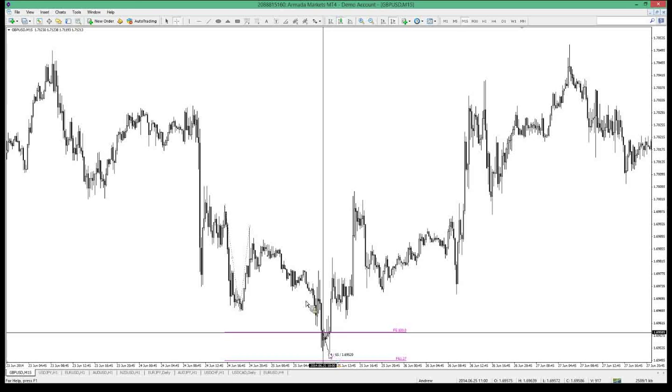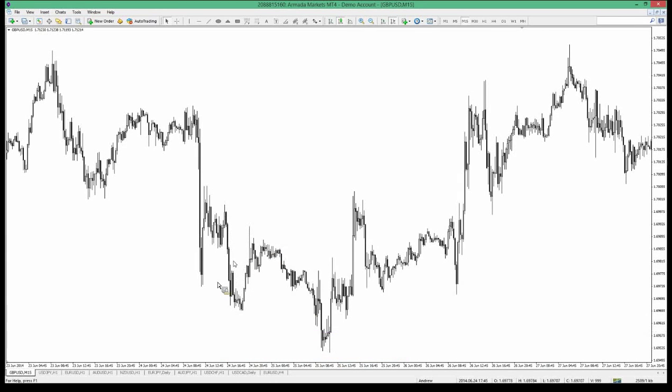But it's still, at least it gets the profits going. Okay, so from this low to this high to this low, there's your 100% mark.